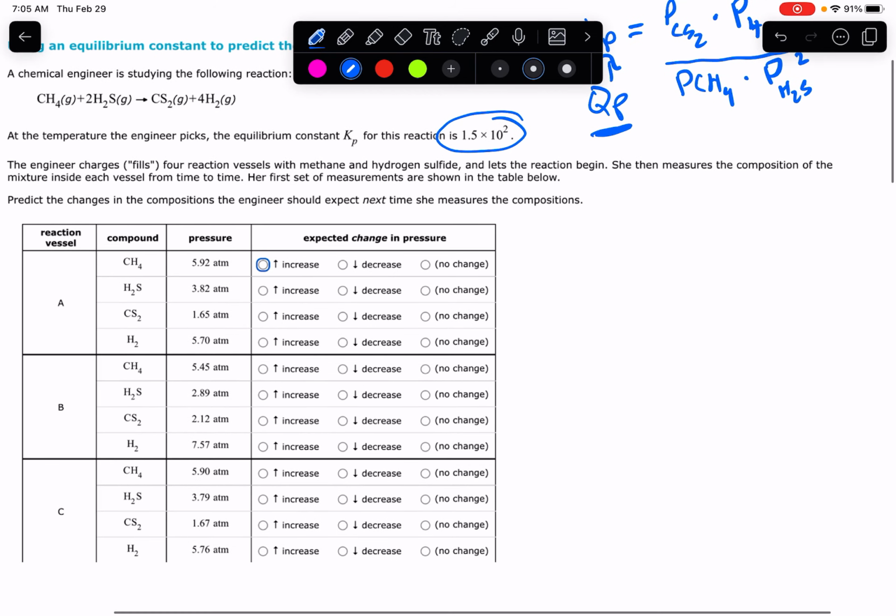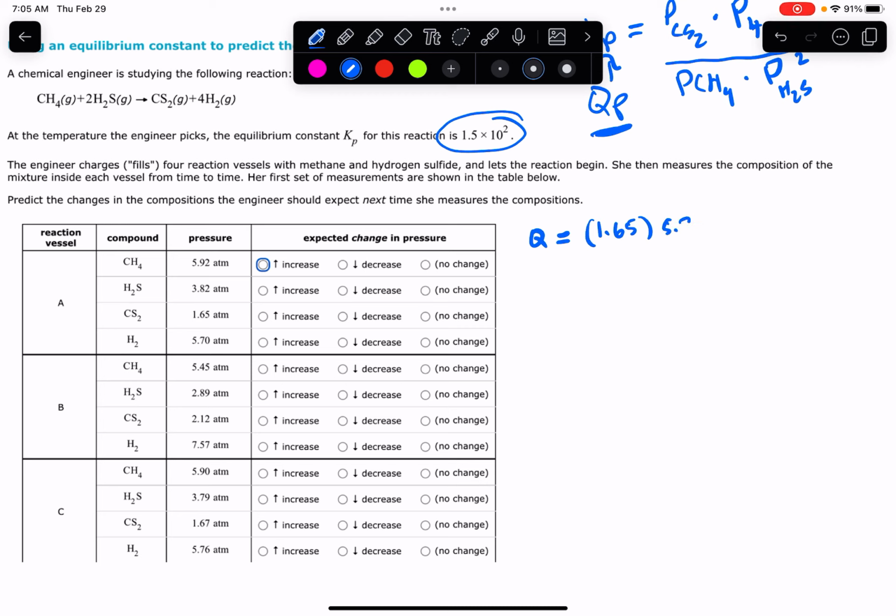So for this first expression right here, my Q is going to be equal to 1.65 times 5.70, all raised to the fourth, all over 5.92 times 3.82 squared.